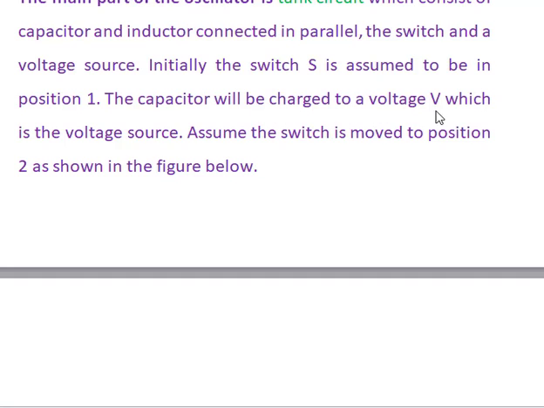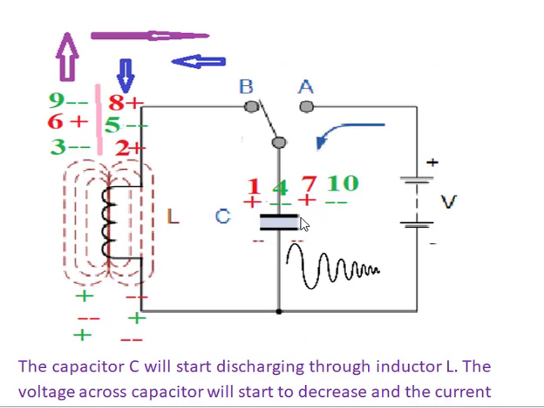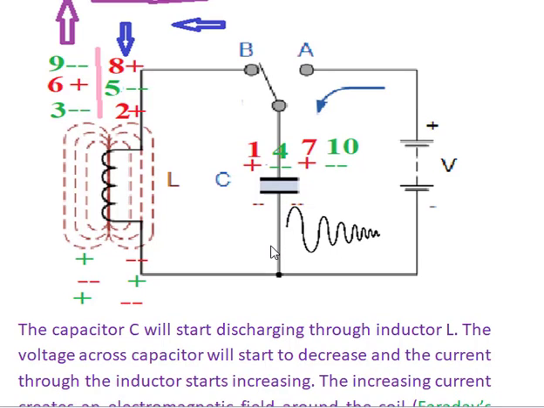The capacitor will charge to a voltage V, which is the voltage source here. So using this voltage source, the capacitor charges fully. Now this pole is moved to position B.